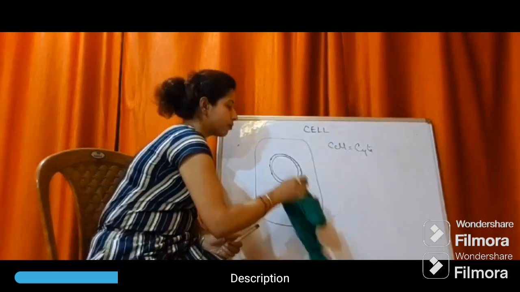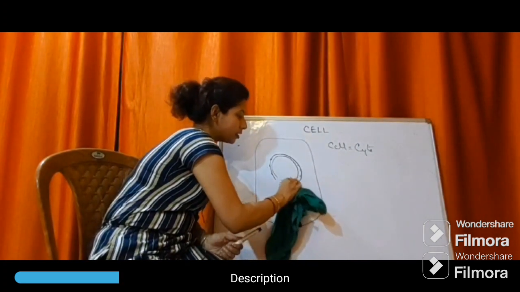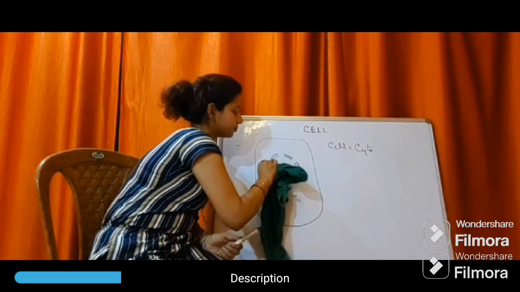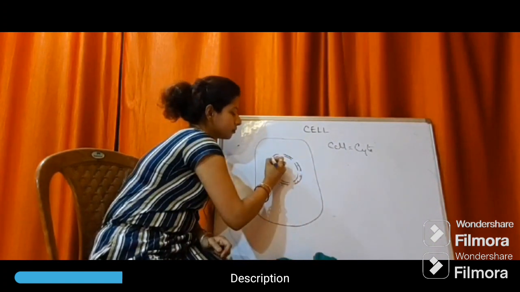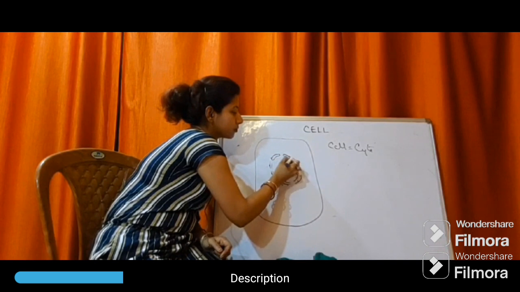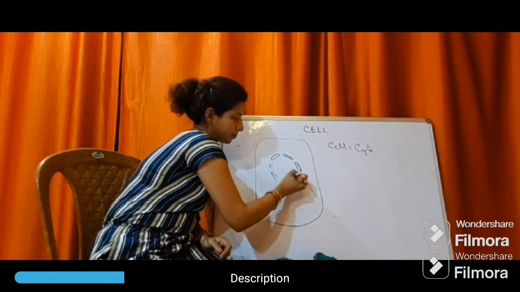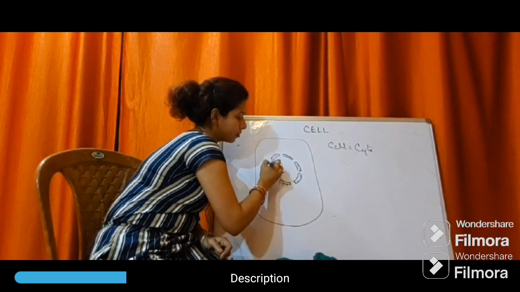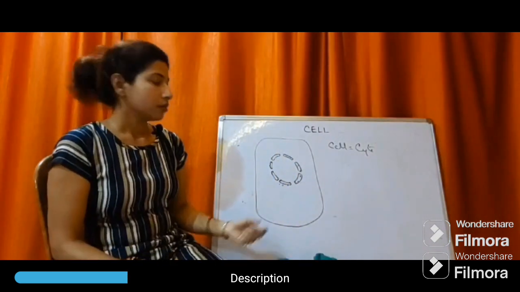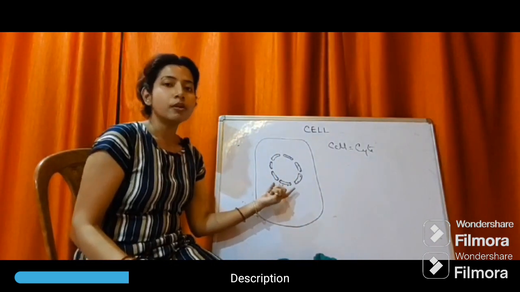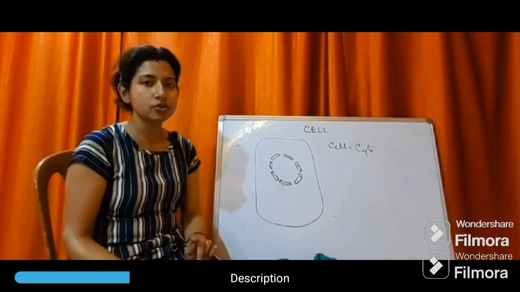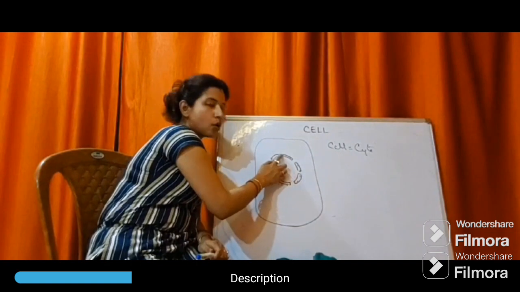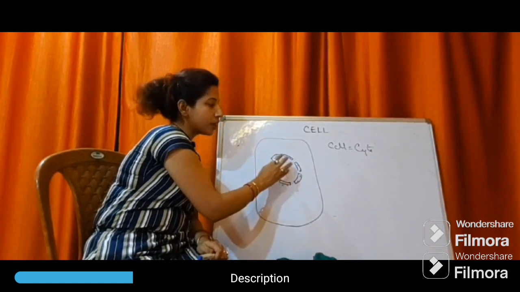So, we have to draw the diagram like this. Okay. What is shown here? A double membrane bound structure, the nucleus, and these pores are called nucleopores.